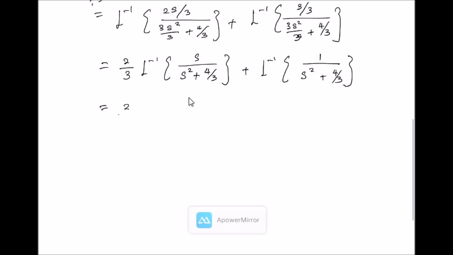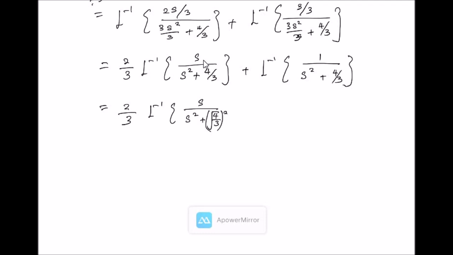Next, if you look here, we know that this is an operation of plus and this is s, so most probably it's a cos. So the inverse Laplace transform of s over (s squared plus the square root of 4 over 3, squared).